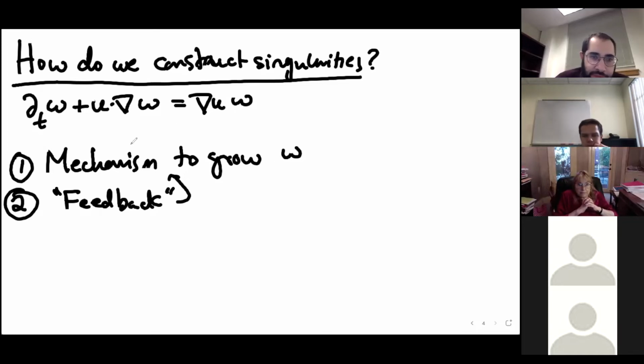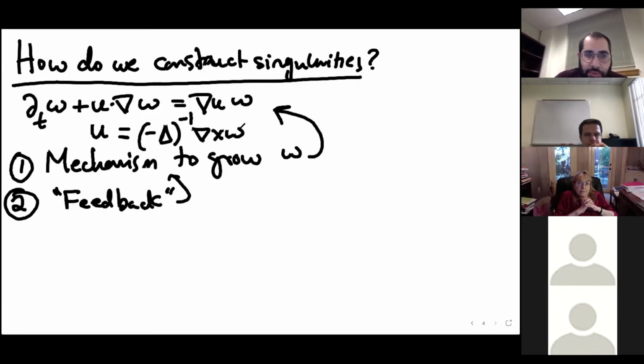Now, to understand this, the first one is just a question about the structure of this equation. So the Euler equation is this: you prescribe what the velocity is, you say the velocity is the inverse Laplacian of the curl of the vorticity, and the vorticity is evolving this way. This is the 3D Euler equation.